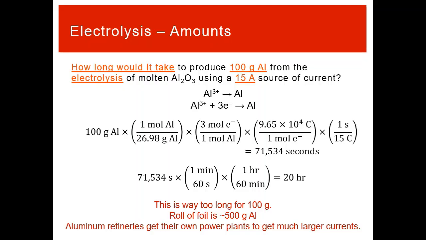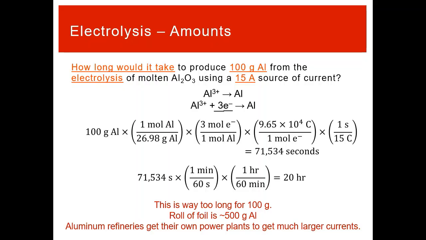So if you're trying to make aluminum as a company, and it takes 20 hours to produce 100 grams, 15 amps ain't gonna cut it. That's why aluminum refineries have their own power plants. If you're trying to functionally perform electrolysis, you need a ton of current to do it. The big culprit for aluminum is this 3 right here.